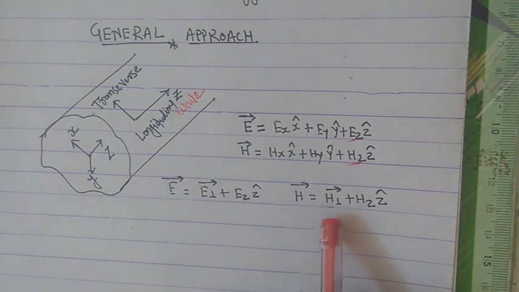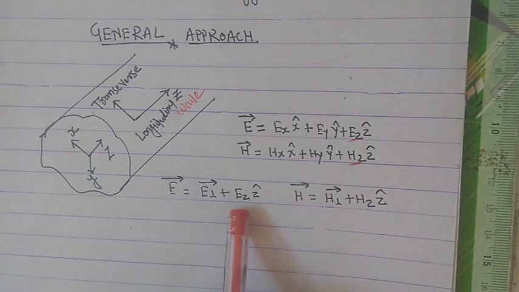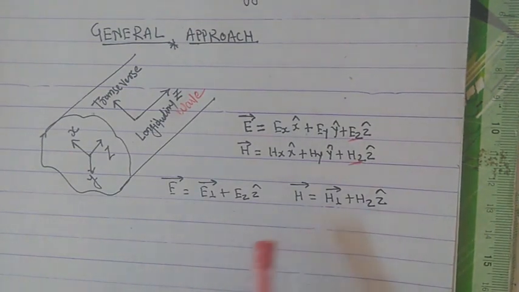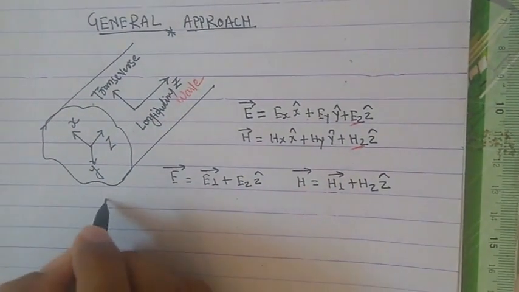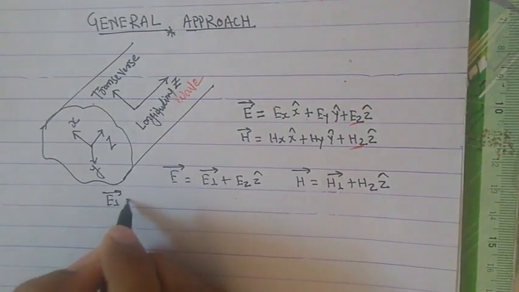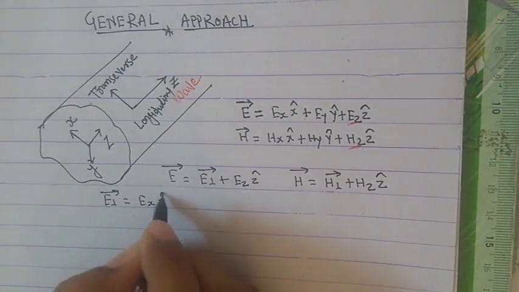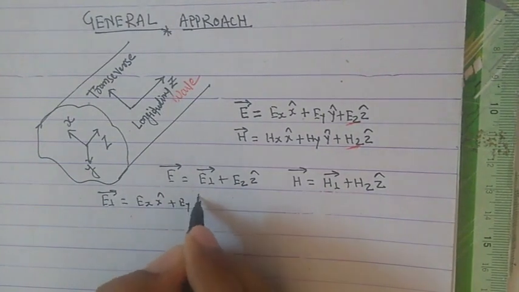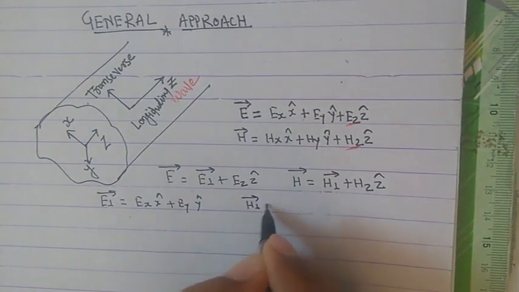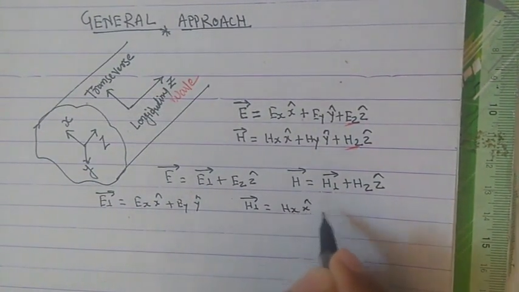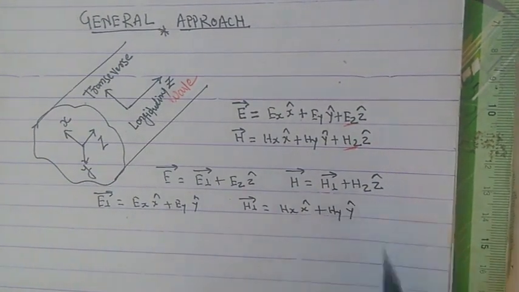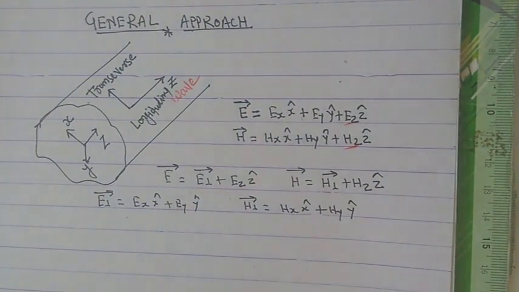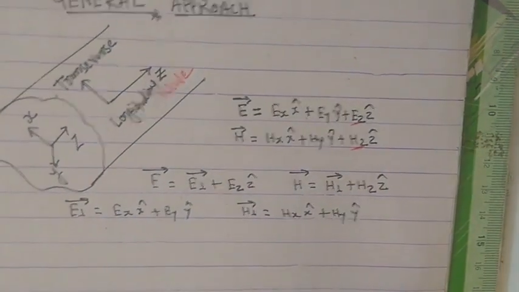Similarly, H transverse is a vector quantity again lying in the xy plane. Ez and Hz are scalar quantities. So you can strictly say E transverse is equal to Ex x plus Ey y, and H transverse is Hx x plus Hy y. So this is what we have written for electric and magnetic fields.